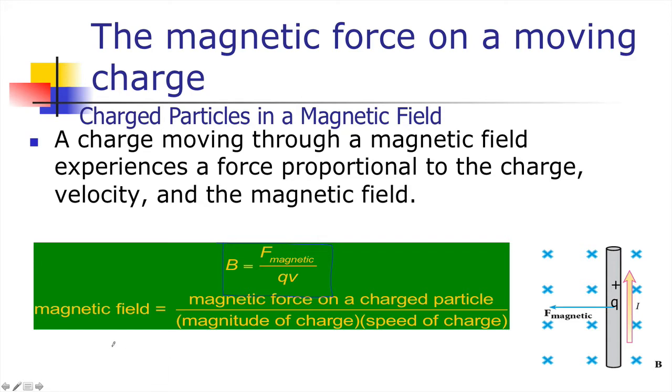This is a general one: if you have any kind of charge Q that we have been talking about in the previous topics, let's say a positive test charge, you take that positive test charge and let it move in a magnetic field.